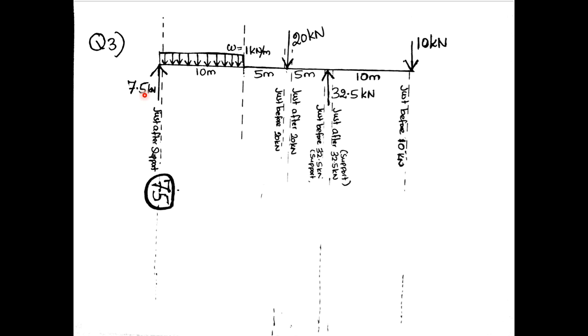Here 7.5 upward, therefore 7.5. At this point, shear force is 7.5 minus this area, because downward, 1 into 10, 7.5 minus 10, which is minus 2.5.